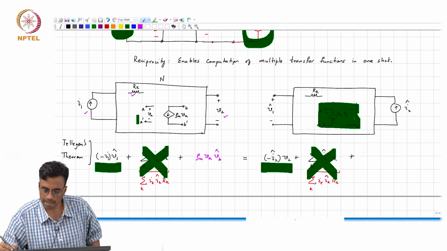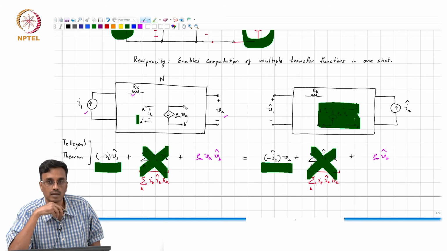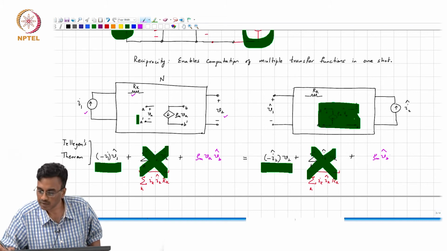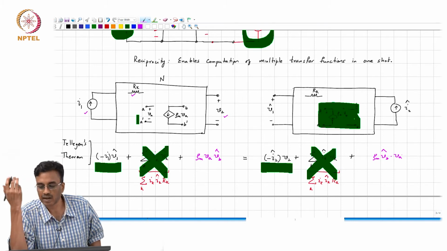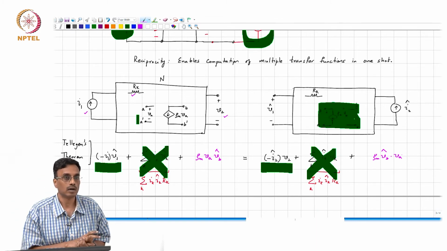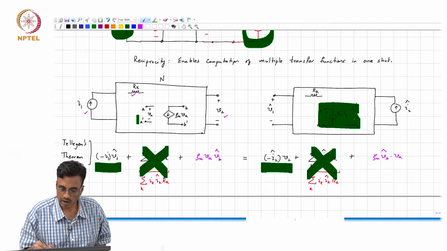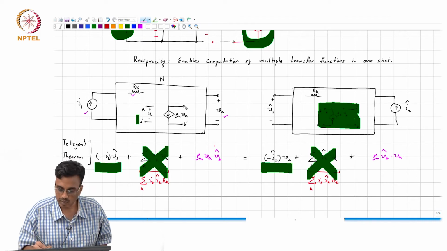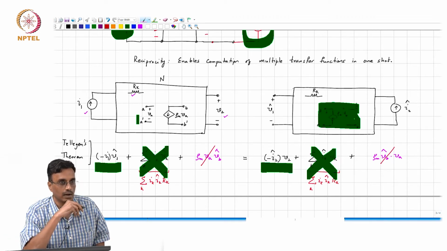IA is Gm VB hat times VA plus IB hat is 0. So that goes away. So what do we see now? Well, thank God, we are now able to cancel off these two. Does it make sense?